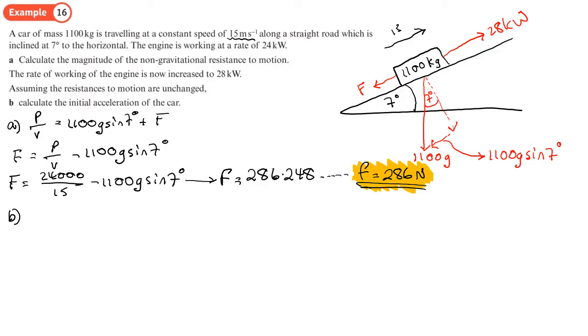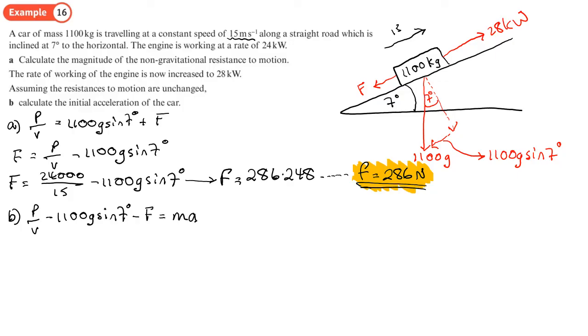So we now have a resultant force. So we'll write it as P over V minus the 1100 g sine 7 minus F is going to equal MA.